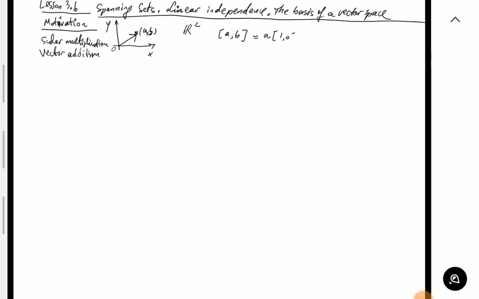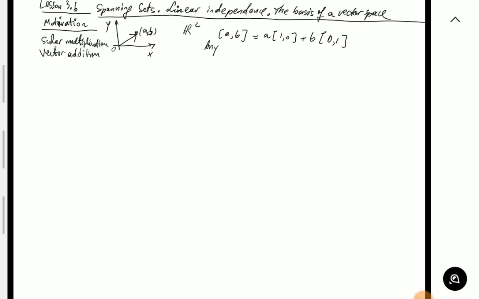As it turns out, any vector in R2 can be written as a linear combination of two vectors, precisely (1, 0) and (0, 1). You could make other choices, but these are the most obvious ones. So any vector in R2 I can write as a linear combination of (1, 0) and (0, 1).